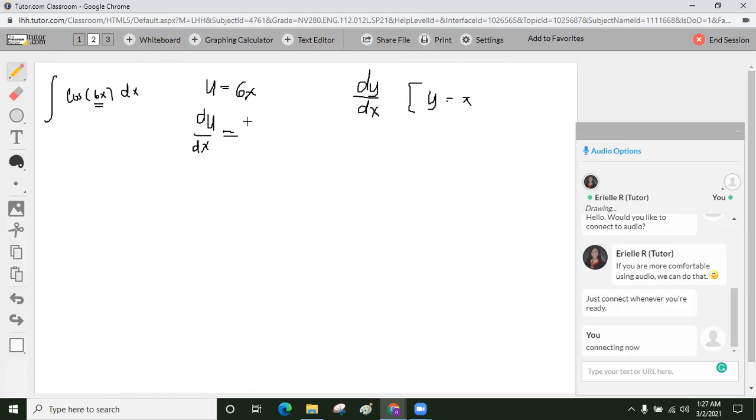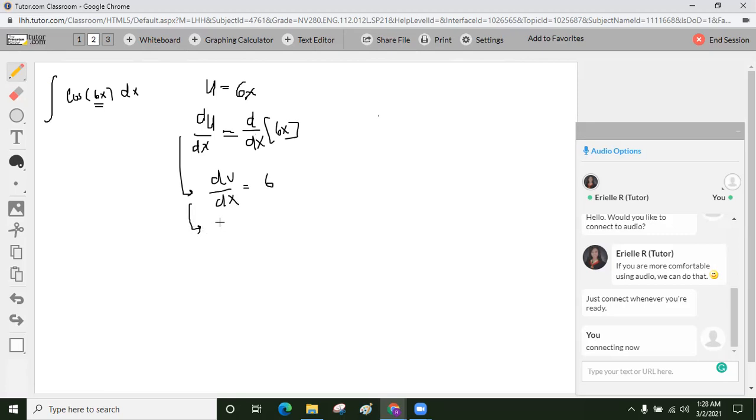So this is the same as u is equal to 6x. So this would be du over dx, which would equal 6.